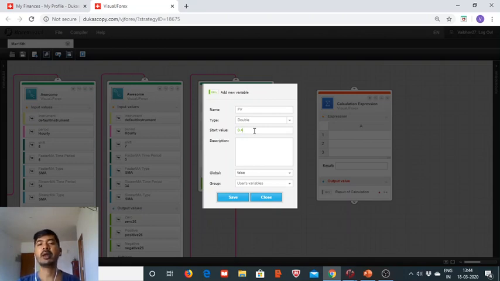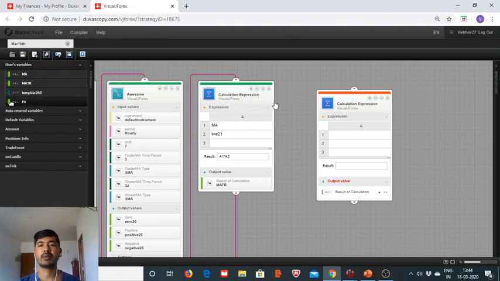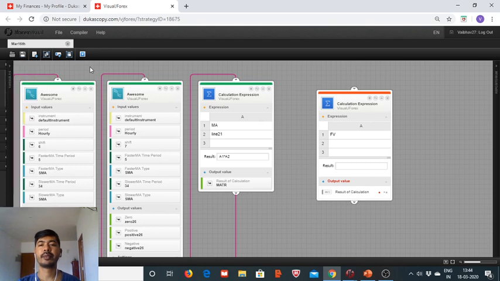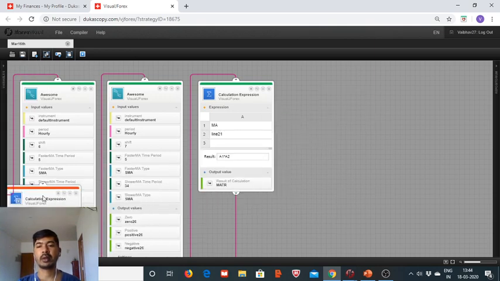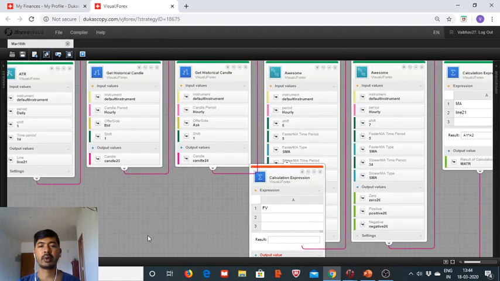If we multiply the ATR by 0.3, sorry, 30%, it should be good enough. And then we bring in the FV here along with the ATR value, and that will get us the job done.